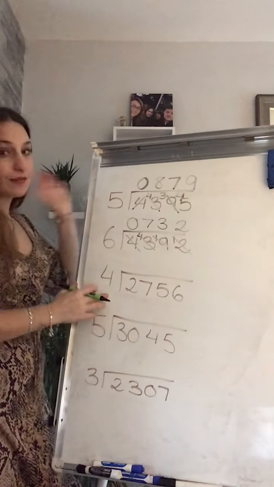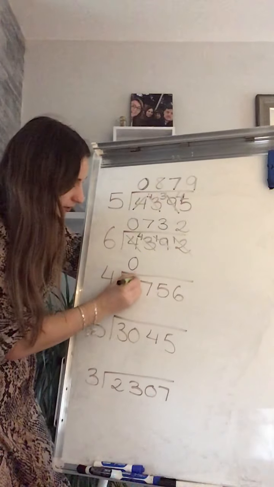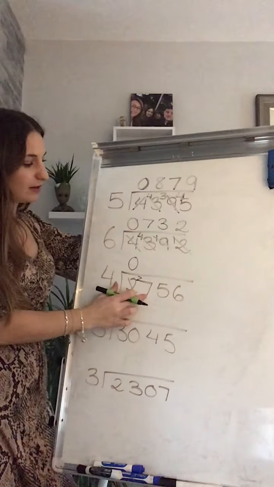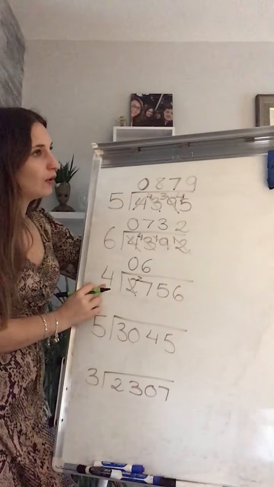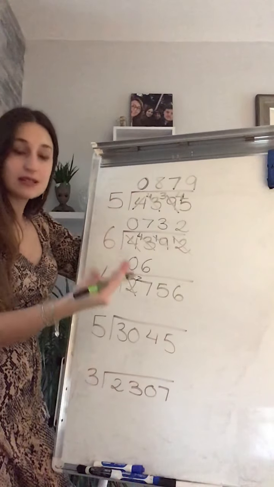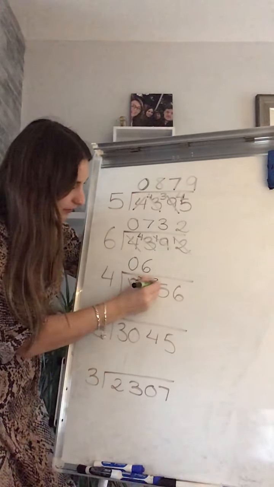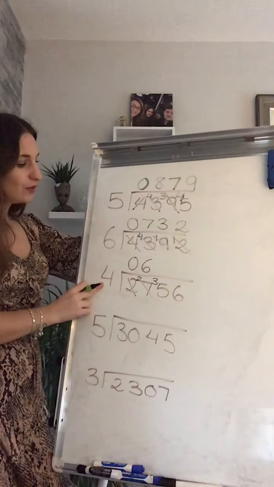Let's go for the next one. 2 divided by 4, I cannot do that. So 0, and I carry that to here, 27. 6 times 4 is 24, 25, 26, 27. Carry 3. 35 divided by 4.